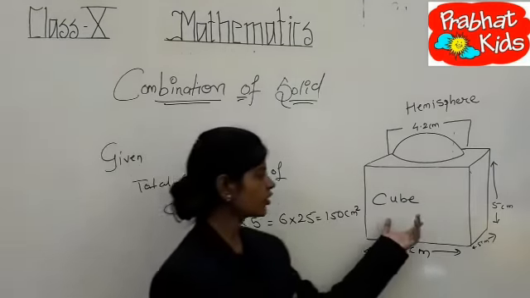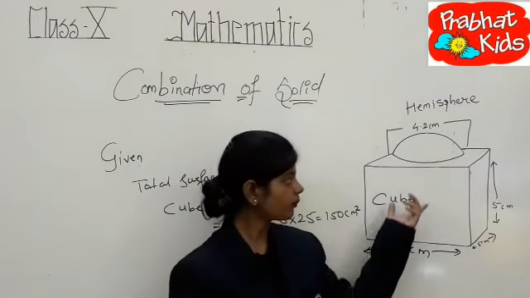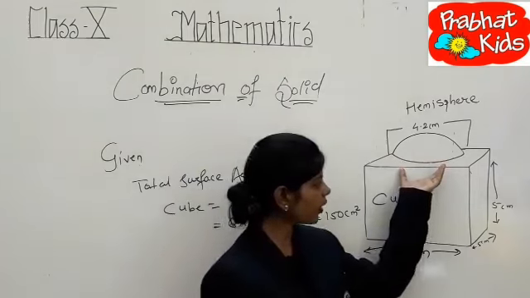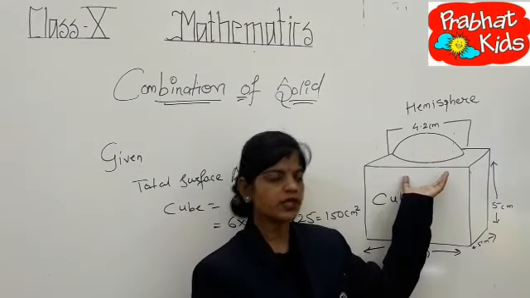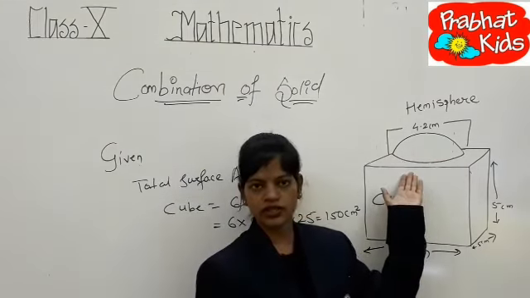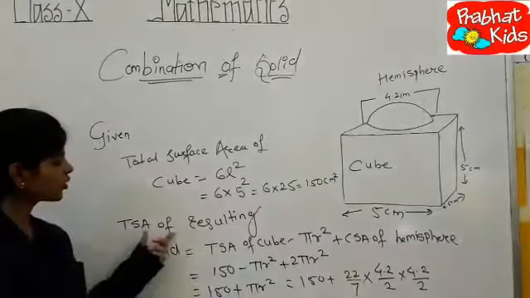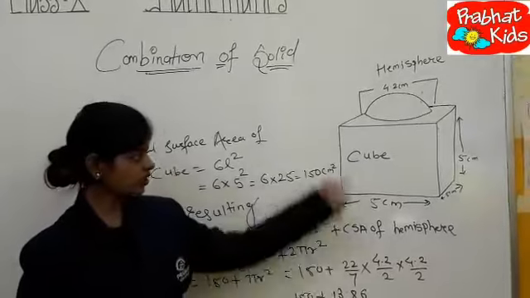Now see, this is the hemisphere. As the hemisphere is mounted on the cube, the lower part is not included in the given solid. So we have to find the total surface area of the resulting solid.